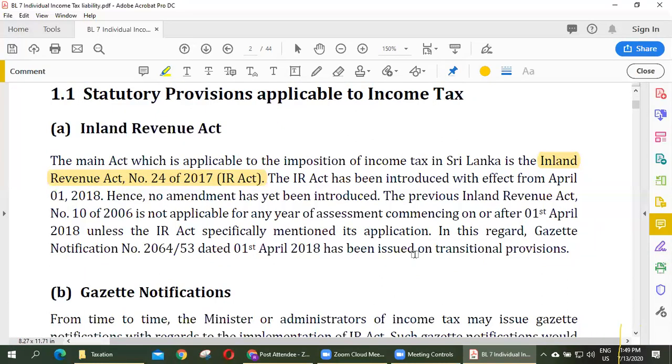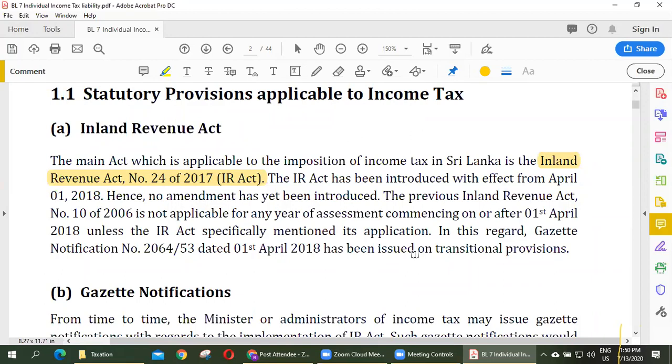Hence, no amendment has yet been introduced. The previous Inland Revenue Act, number 10 of 2006, is not applicable for any year of assessment commencing on or after 1st of April 2018 unless the Inland Revenue Act especially mentions its application, right?